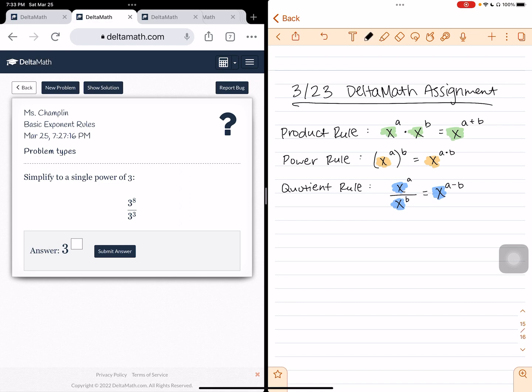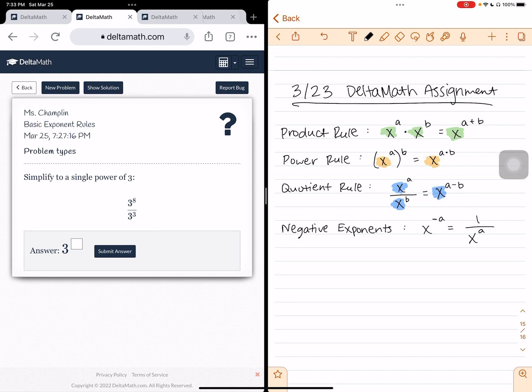Now we also have negative exponents sometimes. And with negative exponents, you always want to make them a positive exponent. So anytime you have a negative exponent, let's say you have x to some negative a power, to make that a positive, you would convert that into a fraction and you flip it to the denominator. And now it is a positive exponent. And that's just something you guys have to remember.